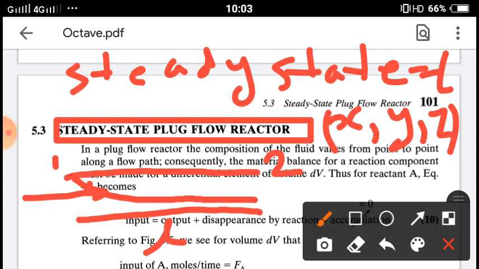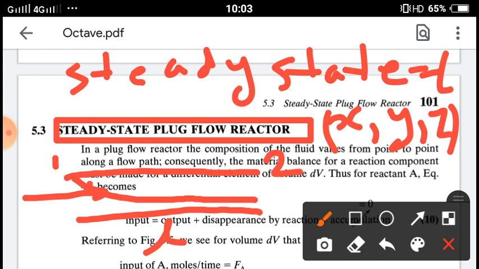So that's why the concentration is different at every coordinate. Because of that, we will say that the concentration and all other parameters are functions of the coordinates x, y and z, and it is at a steady state.